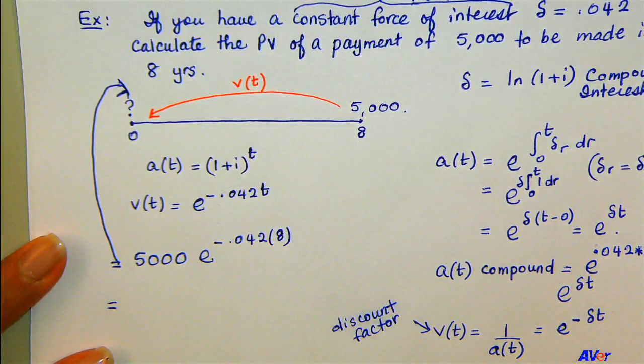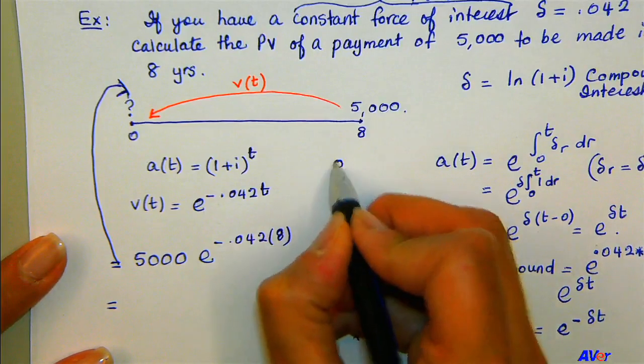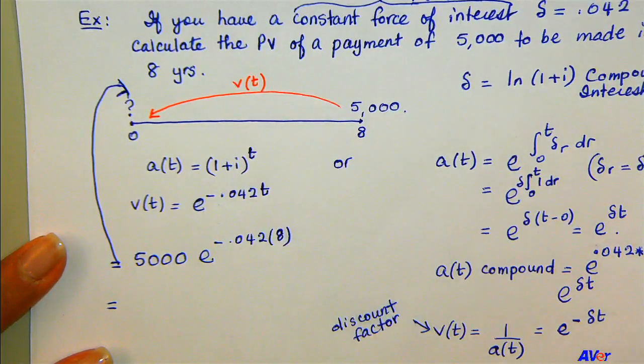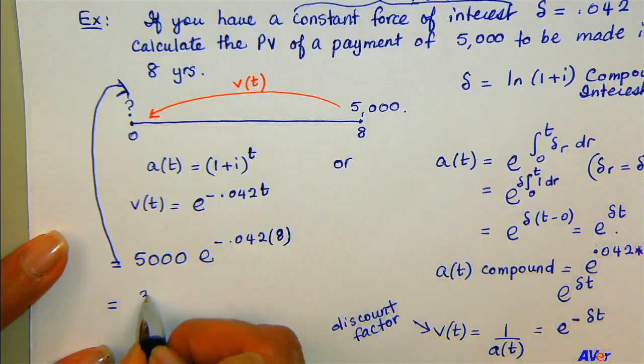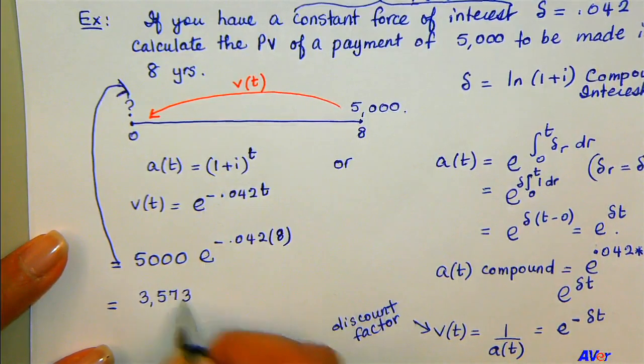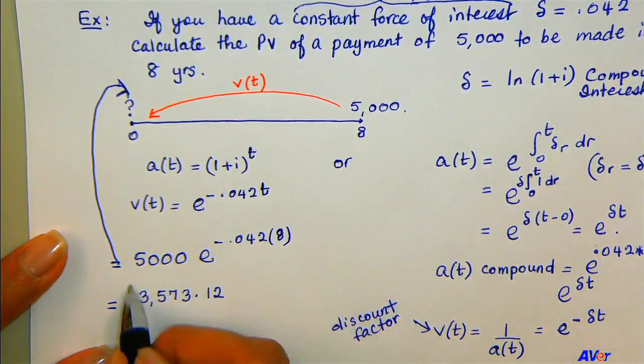And then I want to do the same problem with i's. What did you get? 3,573.12. Yep.